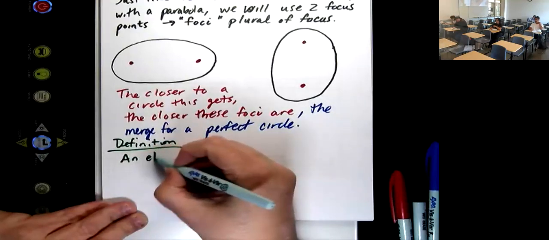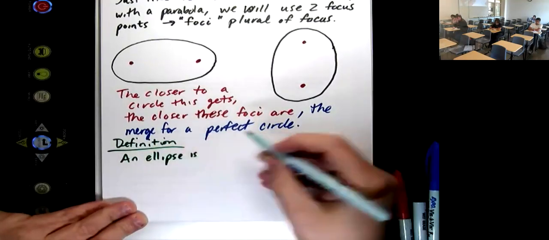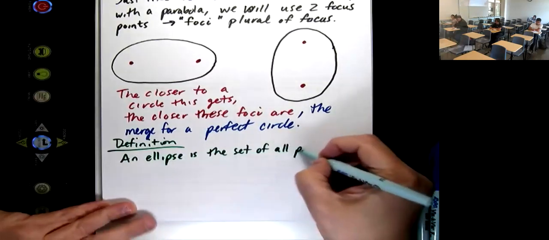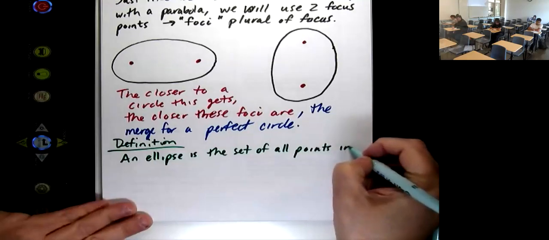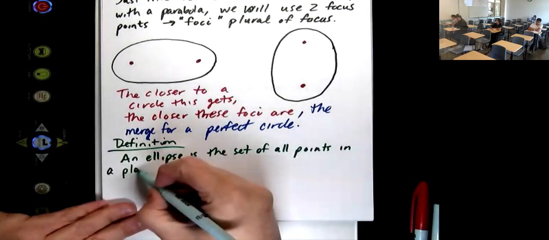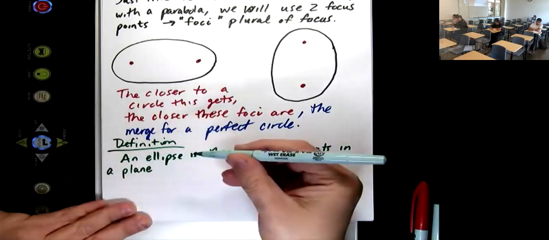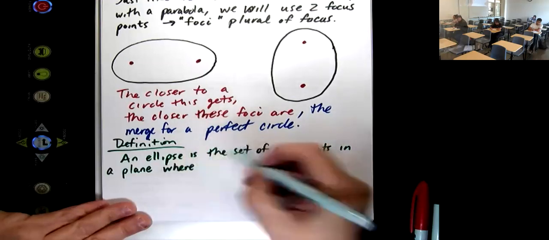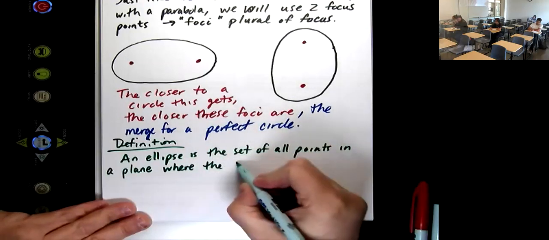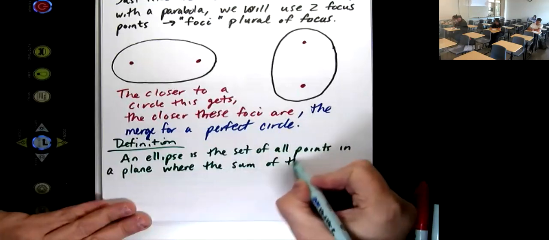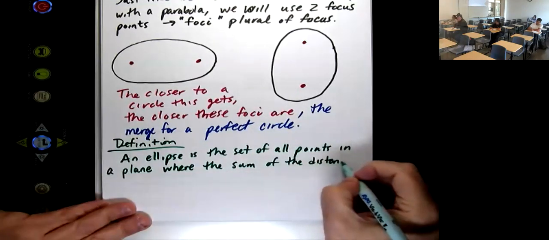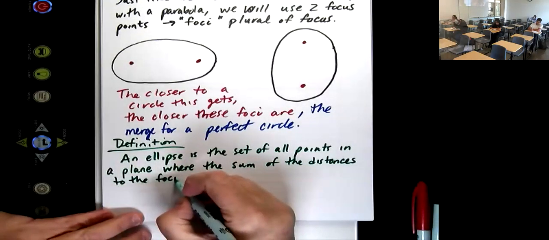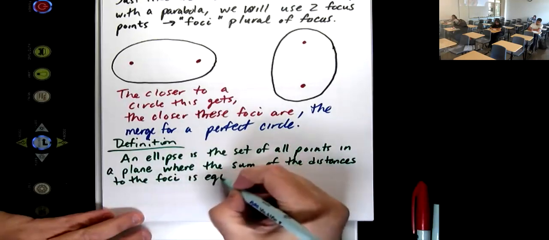An ellipse is a set of all points in a plane where the sum of the distances to the foci is equal for all points.